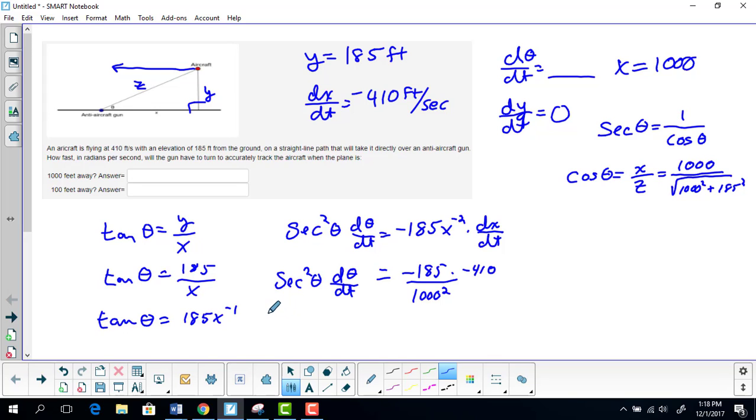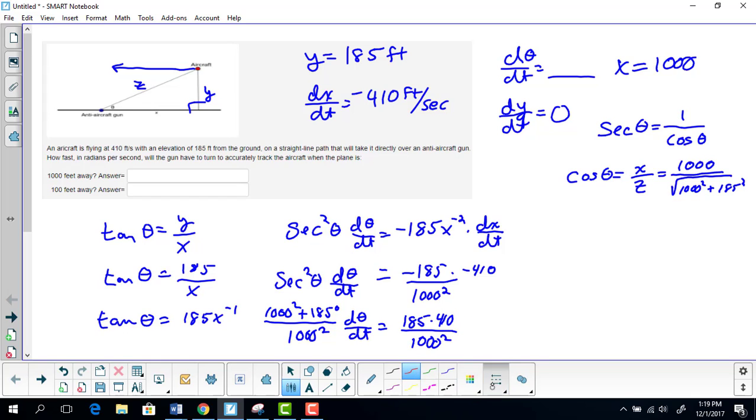So that means it'll be 1,000 squared plus 185 squared on the top, over 1,000 squared. d theta/dt equals, I'm just going to put in 185 times 410 over 1,000 squared, because the negatives will cancel out.